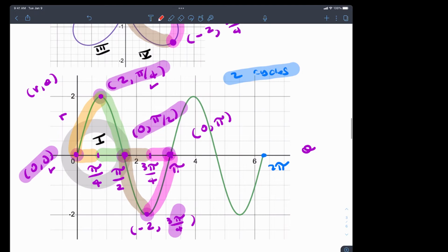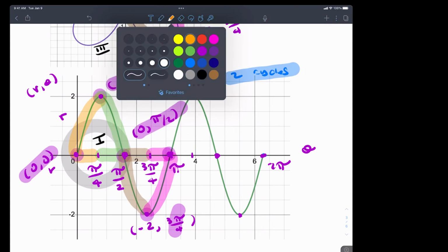So for the rest of it, what do I do here? We're now going to repeat the process. How do you repeat this process? Let me erase this here. We're going to need this location, which goes to 2 pi. Remember, these are all multiples of pi over 4.